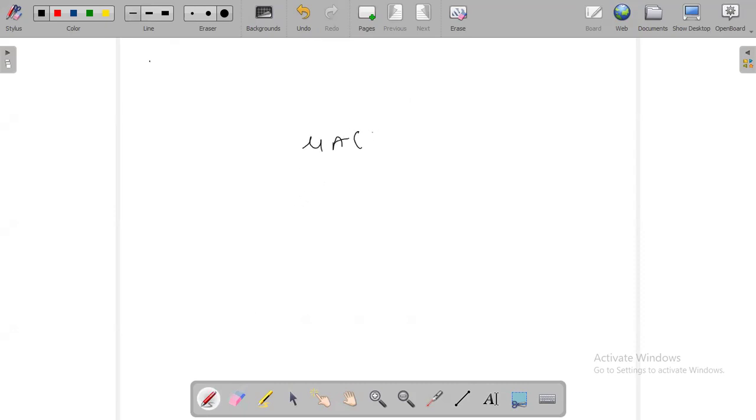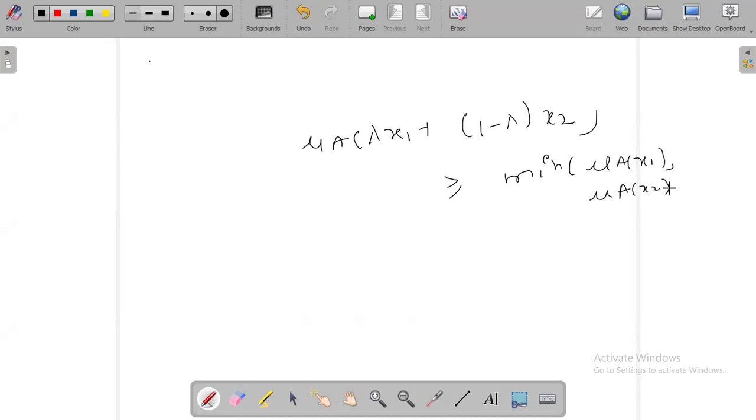Mu A of lambda x1 plus 1 minus lambda x2 is the first part. It should be greater than or equal to minimum of mu A of x1 comma mu A of x2. So this is our equation.